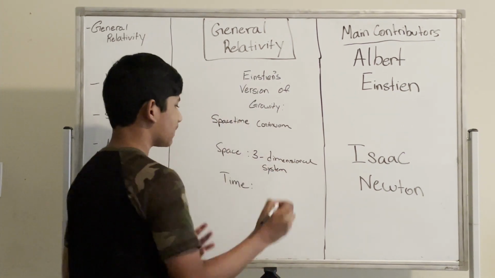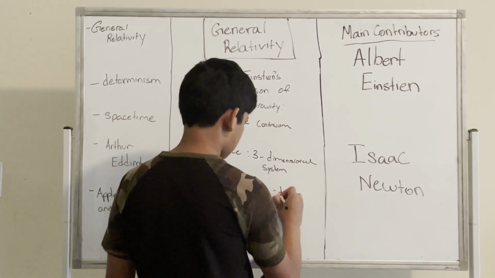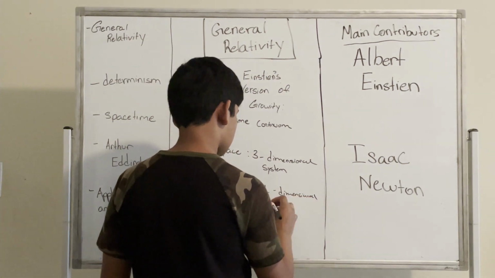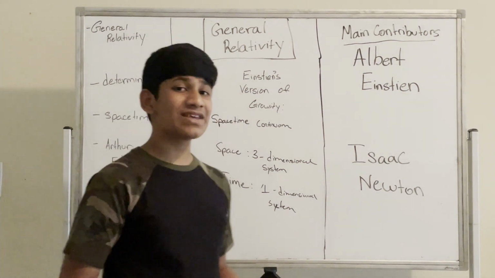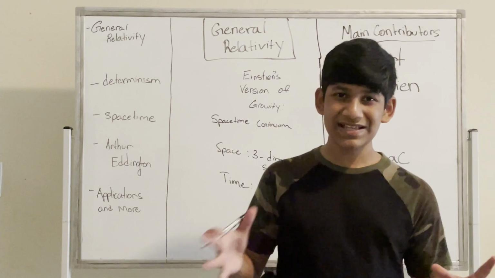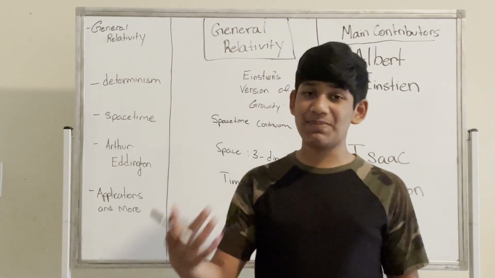Well, what about time? Time we can consider a one-dimensional system. For years and decades, and centuries maybe, people have been considering that time and space are not one. They're considering that time is different and space is different.